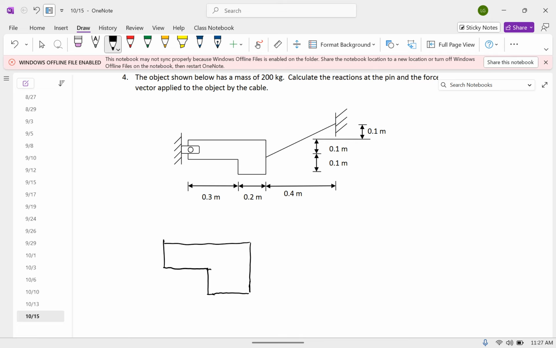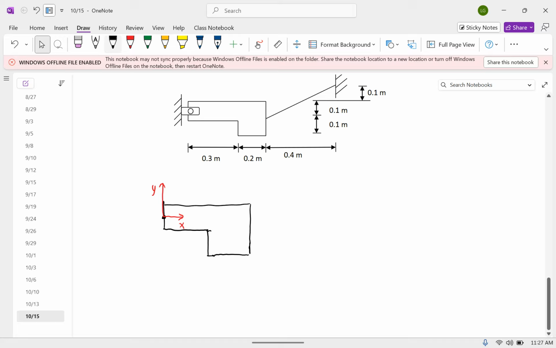I'm going to put my origin here, where that pin is. And I am going to break this up into 2 rectangles. I guess I'll do it this way.